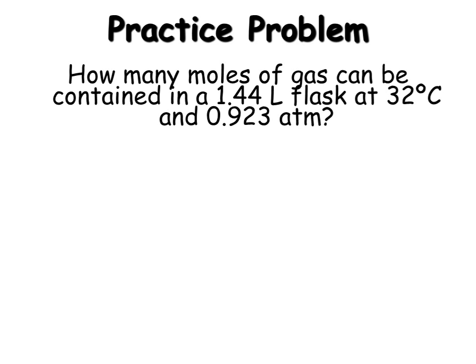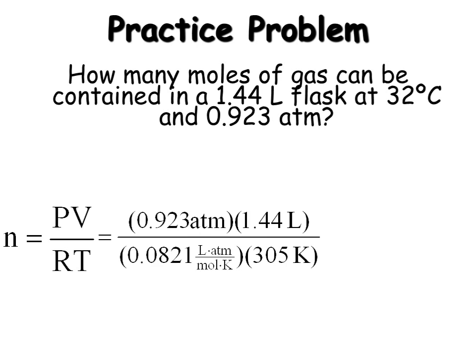If we look at this example, the question is how many moles of gas, so we're going to be solving for n, can be contained in a 1.44 liter flask at 32 degrees Celsius and 0.923 atmospheres. So rearranging to solve for n, we have pressure times volume over the ideal gas constant times the Kelvin temperature equivalent.